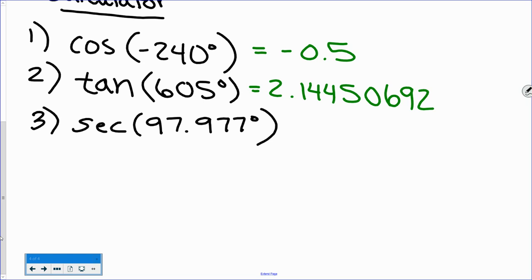We know that secant is equal to a certain trig function's reciprocal. Secant would be the reciprocal of cosine. So that means 1 over cosine of 97.977 degrees. Those would be equal, and I could type that into my calculator.